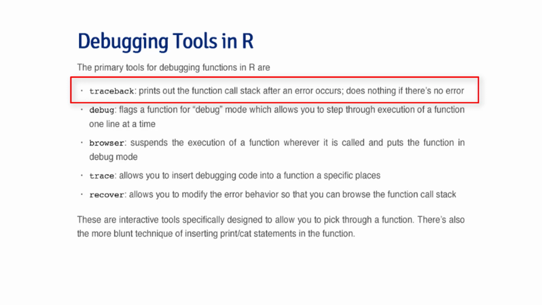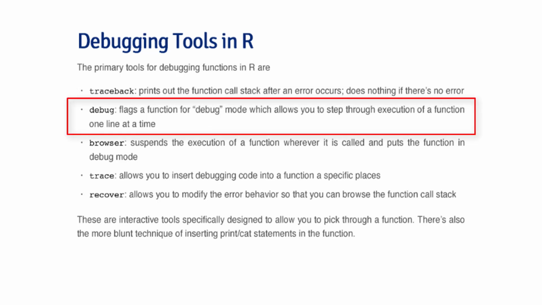Traceback just tells you how many function calls you are in and where the error occurred, so you can try to identify where in the sequence of function calls the error occurred. Otherwise, all you know is that you called one function and then an error occurred, but you have no idea how many other functions are called underneath. The traceback function will tell you that, and I will give you an example in a bit.